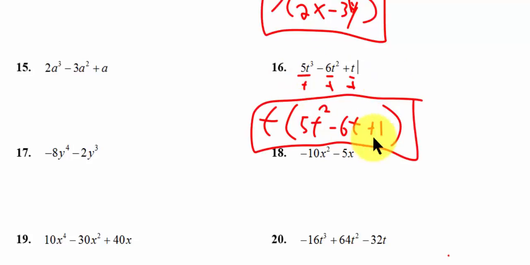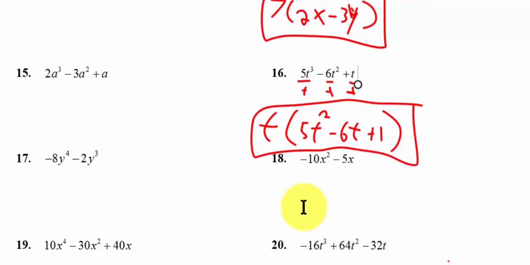And you might say, well, how do you get 1? Remember, t divided by t is 1. 6t squared divided by t is 6t. And 5t cubed divided by t is 5t squared. And you can always check your work by distributing. If I distribute this t all the way through, I should end up with my original expression.